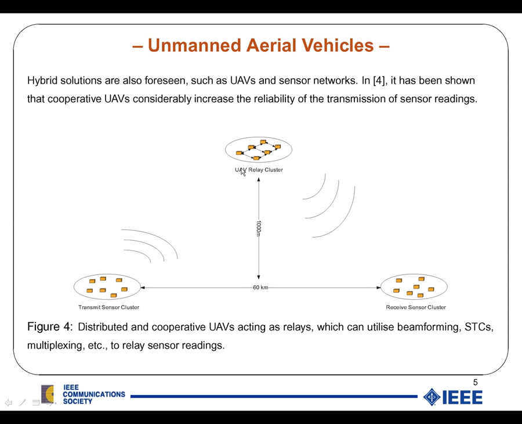Now these UAVs could use beamforming or space-time codes or multiplexing techniques. Although this sounds very futuristic, this example, ironically, is the only one which is currently up and running. You're welcome to consult reference number 4.